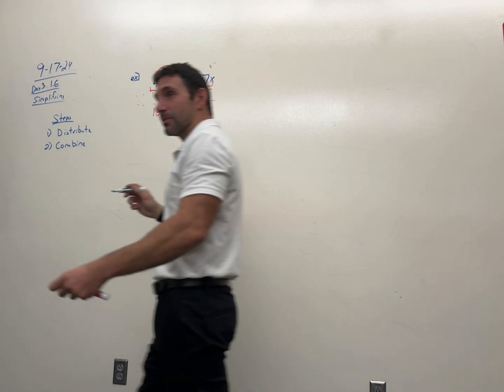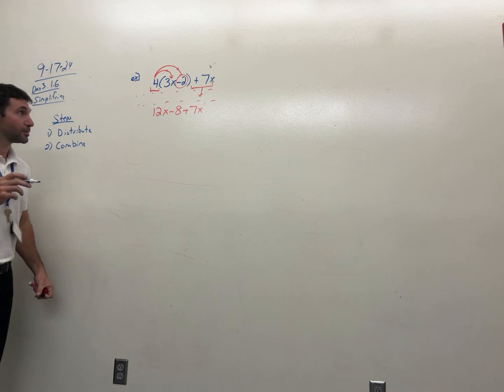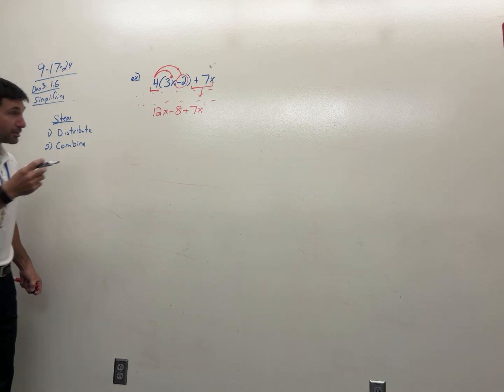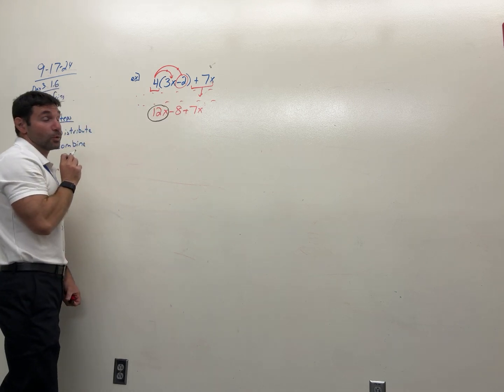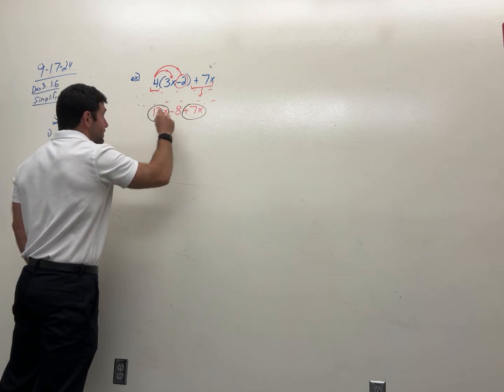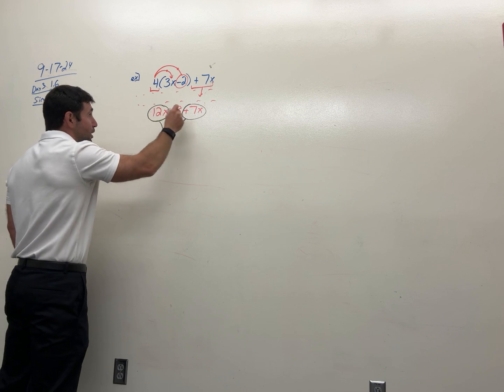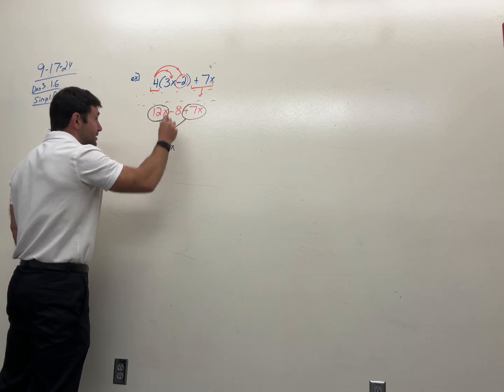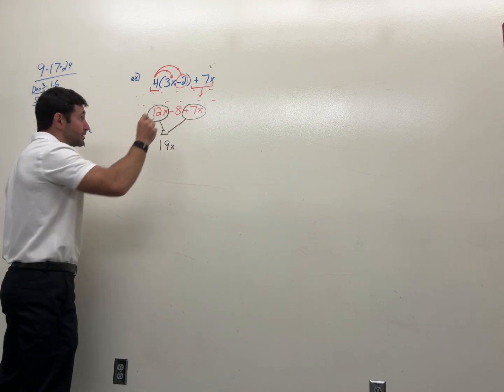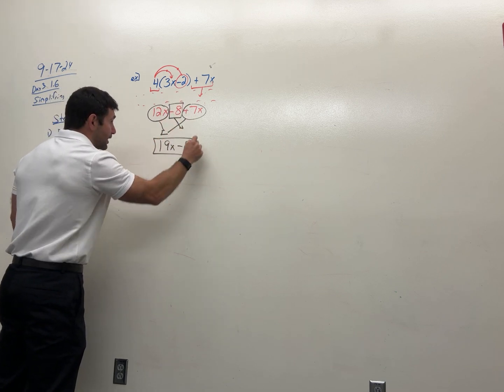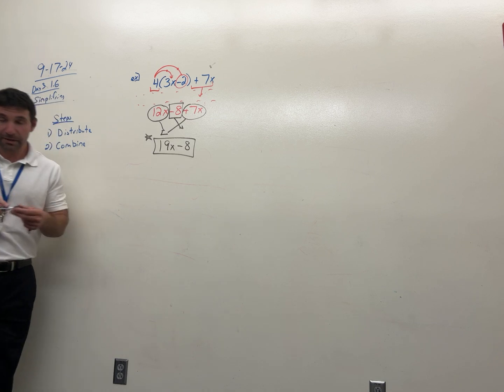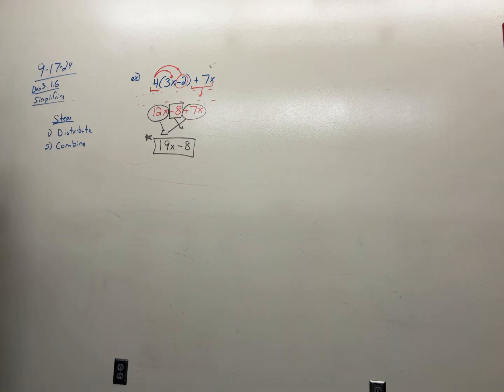What are my like terms? 12x and positive 7x. Because 12x plus 7x is 19x. Did we touch the negative 8? No. So it comes down. So all that's required is just 2 steps.